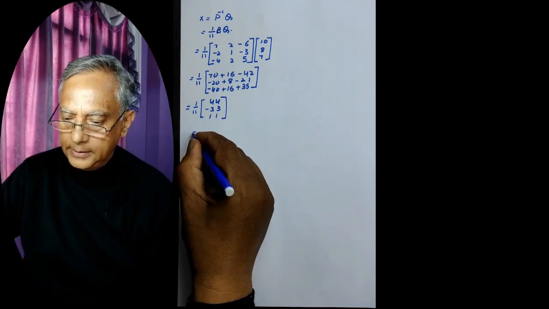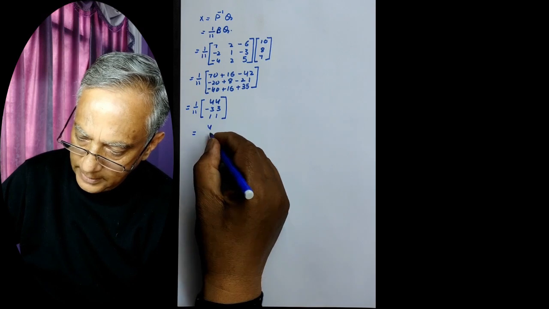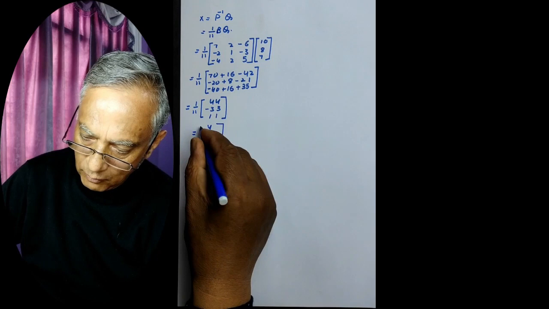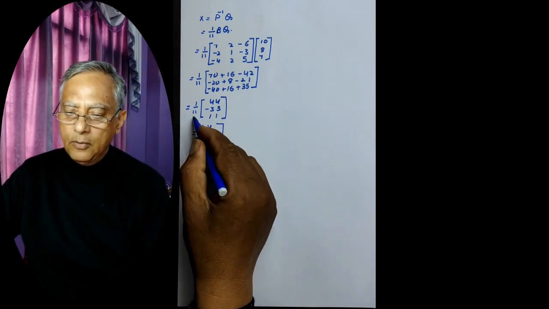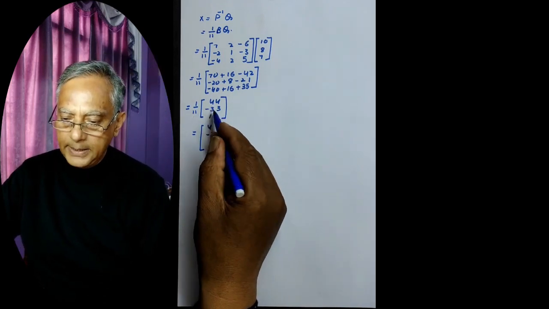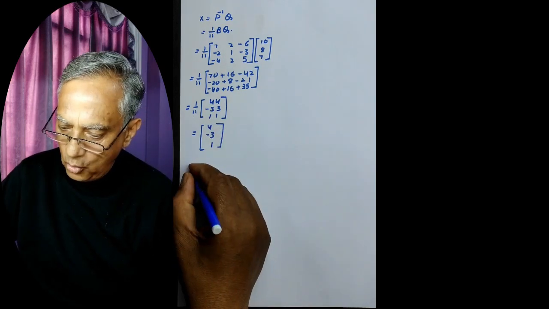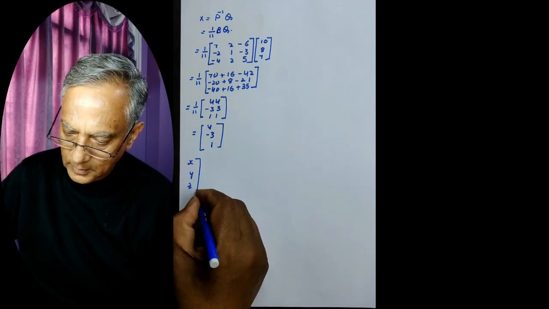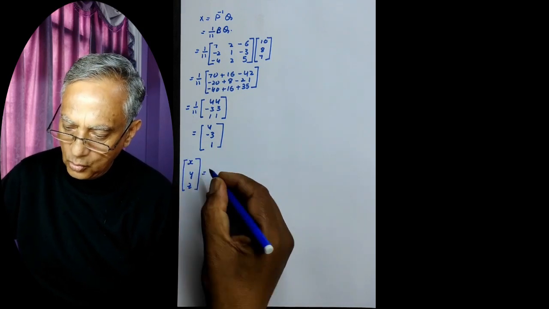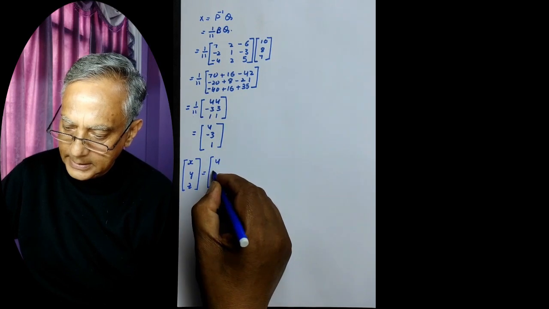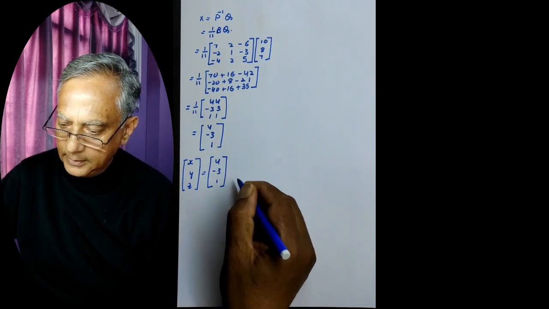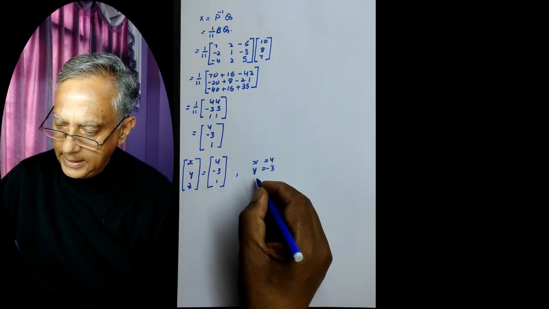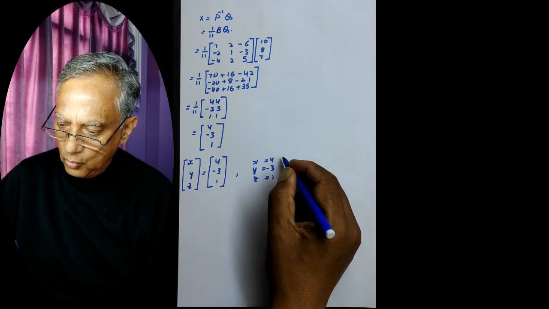And therefore, this is equal to 4, minus 3 and 1. Multiply each and every entry by 1 by 11. So 4, minus 3 and 1. Therefore, x, y, z is equal to 4, minus 3 and 1. Therefore, x is equal to 4, y is equal to minus 3 and z is equal to 1.